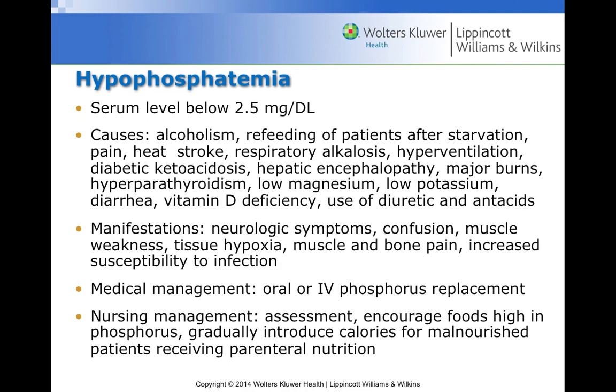So first we'll look at hypophosphatemia, which is indicated at a level below 2.5. And note that your normal levels are between 2.5 and 4.5. Although it often indicates phosphorus deficiency, hypophosphatemia may occur under a variety of circumstances in which total body phosphorus stores are normal.